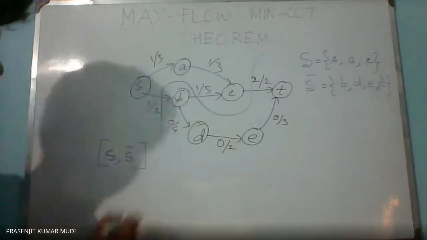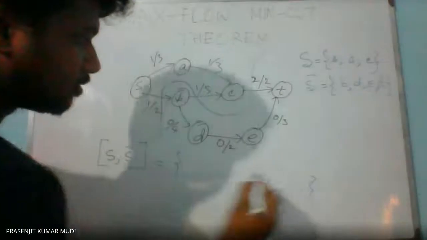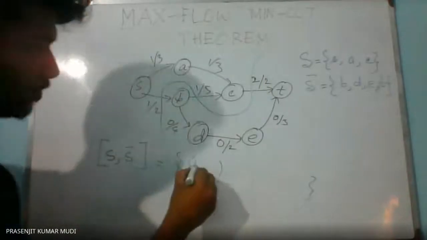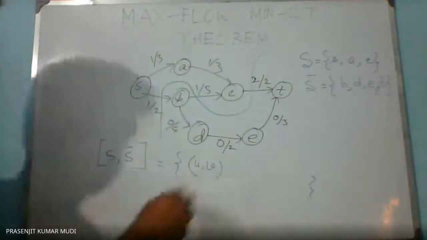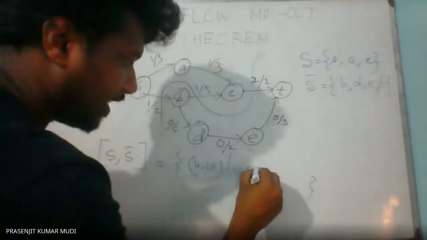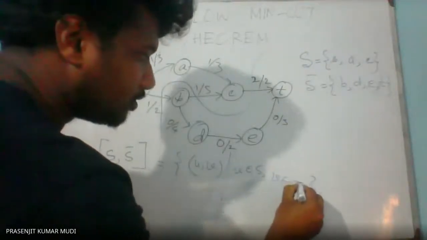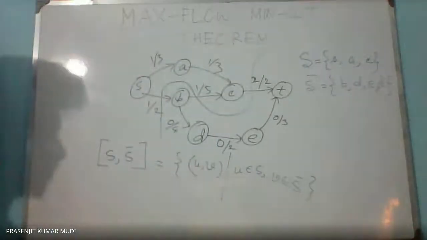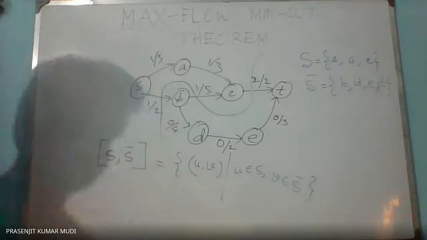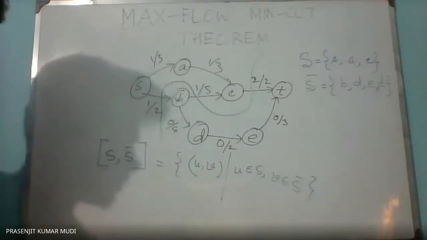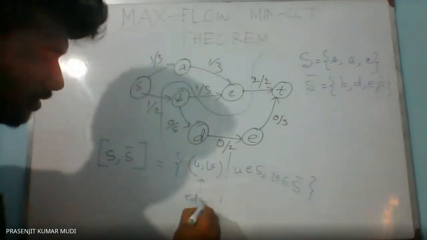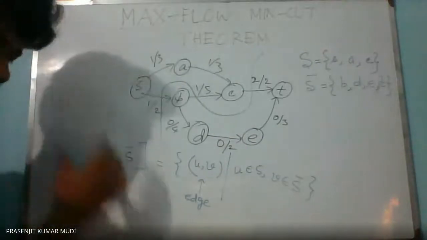So that means it is a set of pairs U comma V such that U belongs to S, V belongs to S bar. Okay, that's it. So you take one vertex from S and another vertex from S bar and form a pair. This is nothing but an edge. Correct? So this cut is nothing but a set of edges.